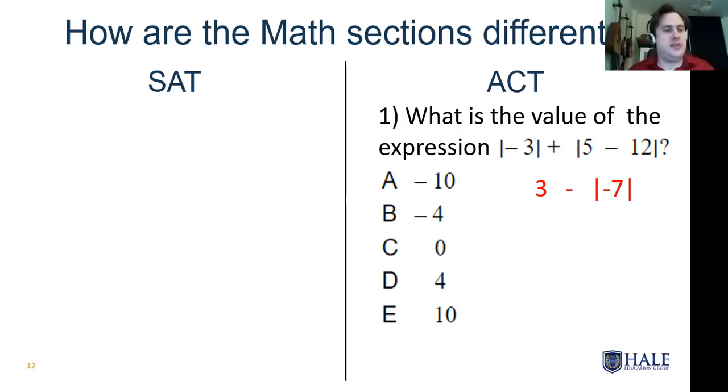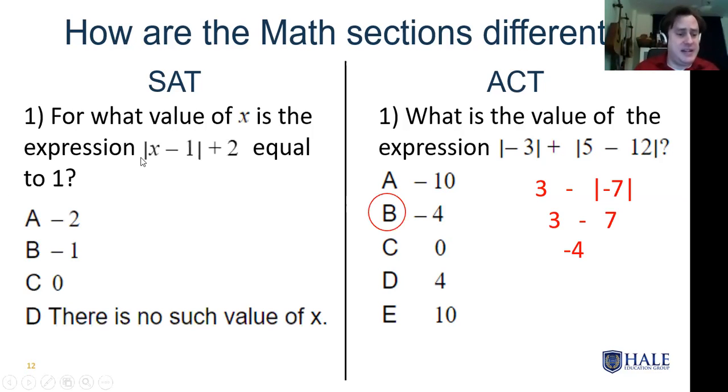Now, absolute value takes whatever's inside the absolute value bars and just makes it positive. So the absolute value of -3 is +3. So now it's +3 minus the absolute value of -7. There's 3 minus 7 is -4. That's it. Yes, the ACT just says, show me you know this.